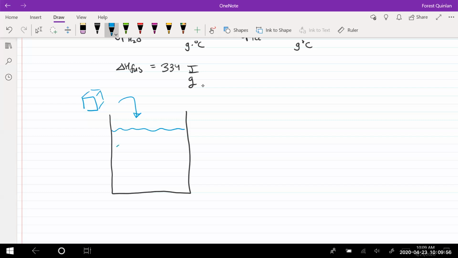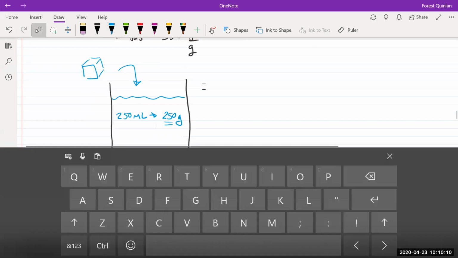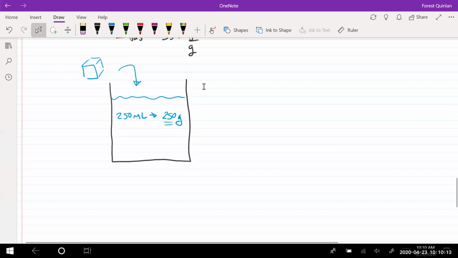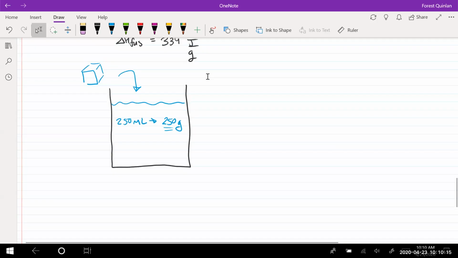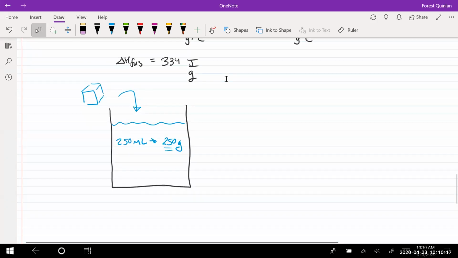So I know right here I have 250 milliliters of water, which, we're all big boys and girls, let's just say it's 250 grams. I have 250 grams. It is at 25 degrees Celsius.